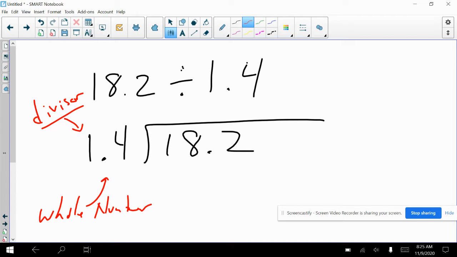So the question arises, mathematically, how do we get 1 and 4/10 to be a whole number? We briefly talked about this back in 3-2 or 3-3. Anybody remember?